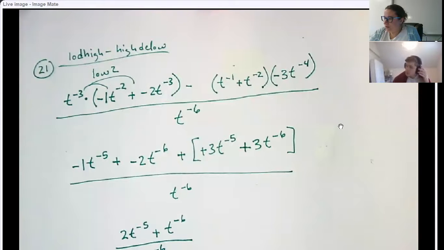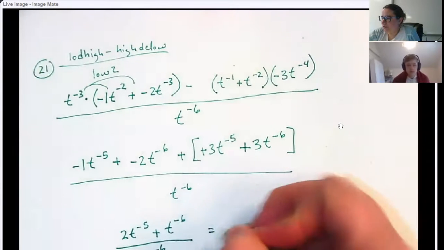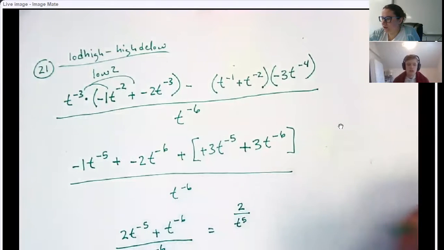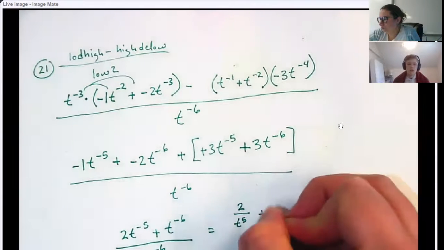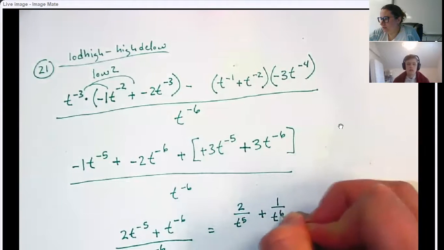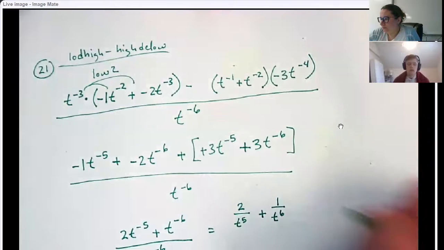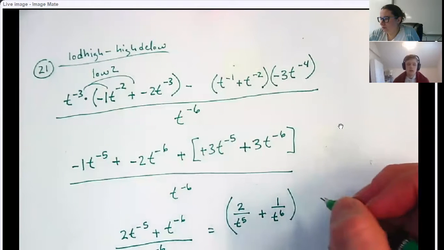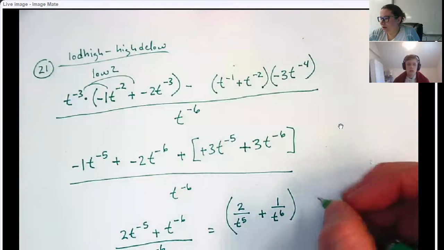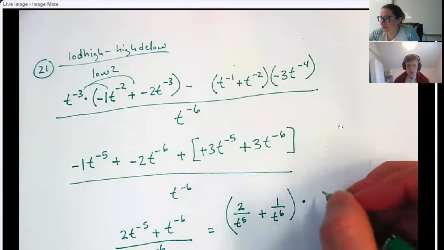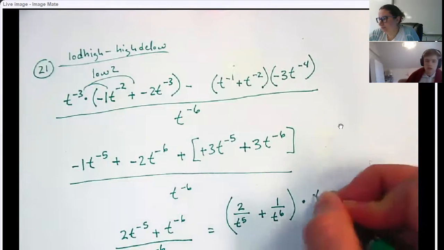Okay, so if I start actually writing this out, this would be 2 over t to the 5th, right? Because that's what a negative means. Yep. Plus 1 over t to the 6th. And then we're dividing it by t to the negative 6th, so it means we're multiplying by 1 over t to the negative 6th, which puts it back on top.